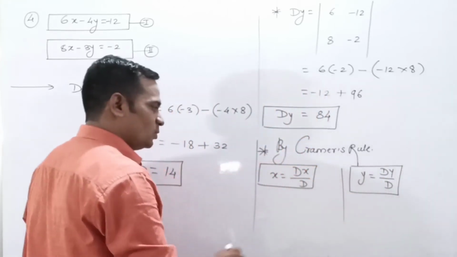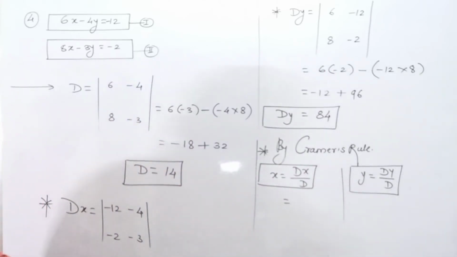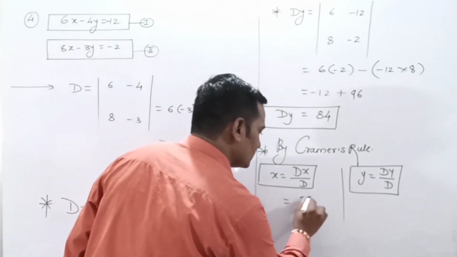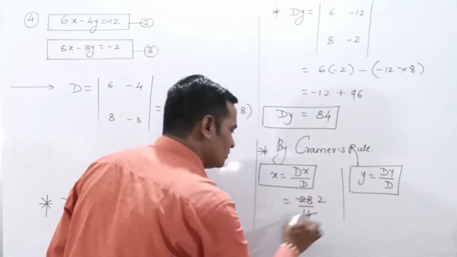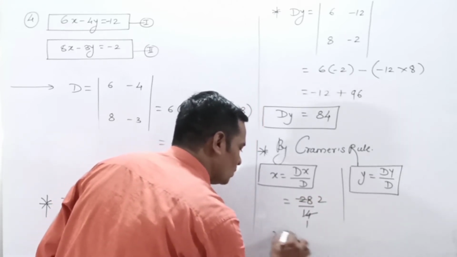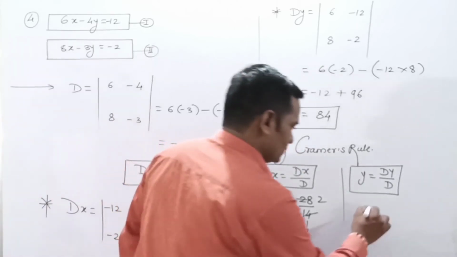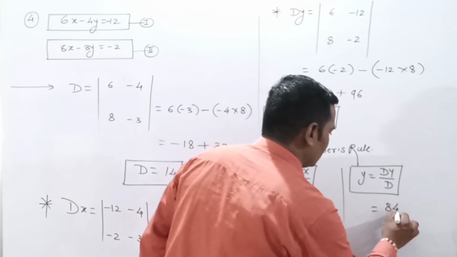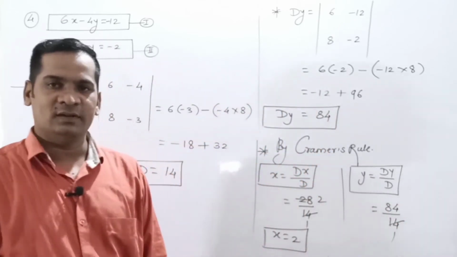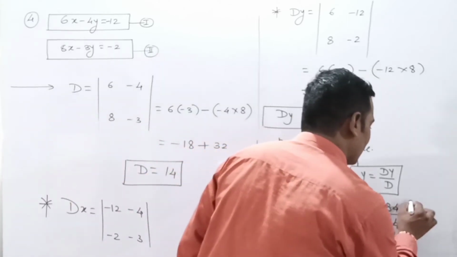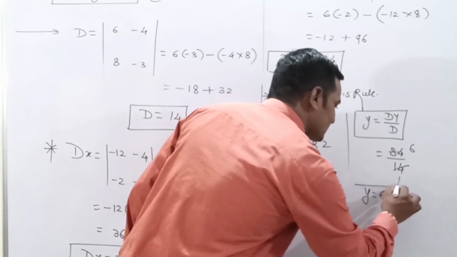Let's put down the values. dx is 28 upon 14. 14 ones are 14, 14 twos are 28, so x is equal to 2. Then 84 upon 14: 14 ones are 14, 14 6s are 84, so y is equal to 6.